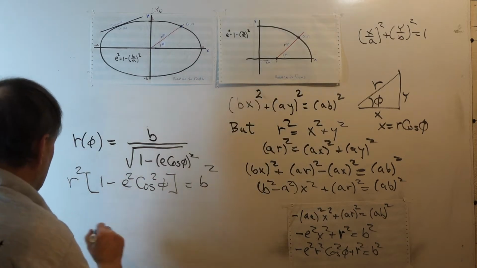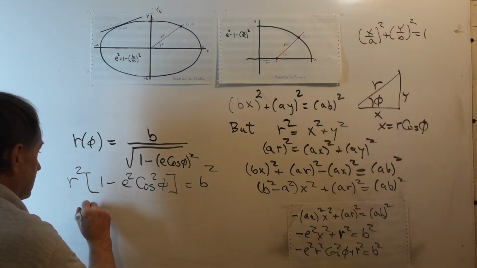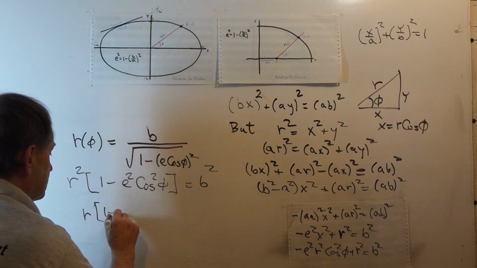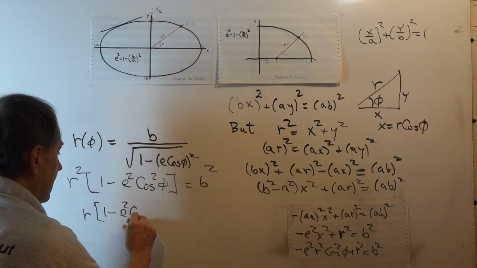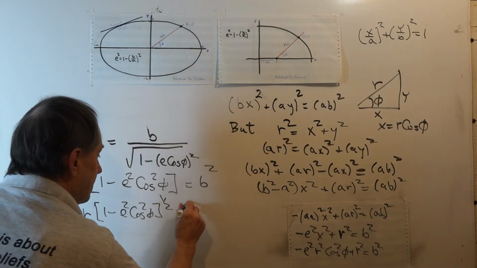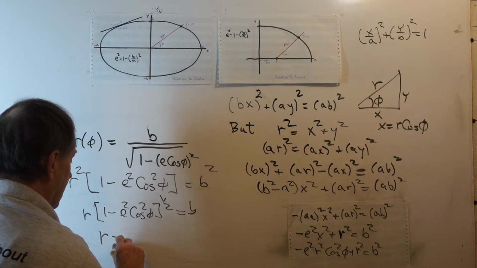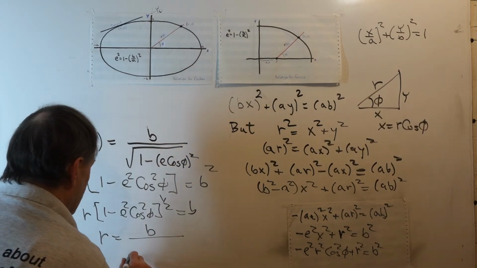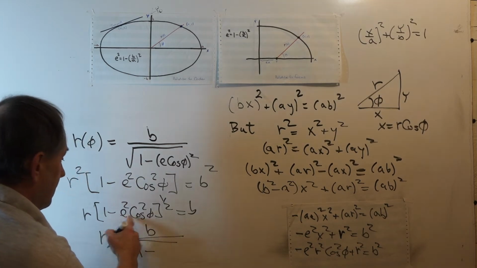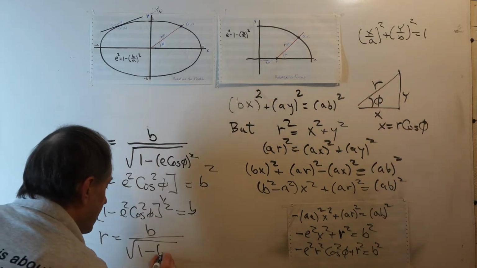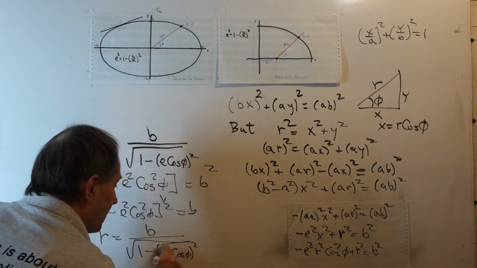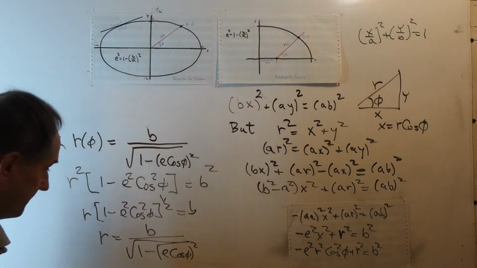We take the square root of both sides, so we got r times 1 minus e squared cosine squared phi to the 1/2 is equal to b. We're solving for r is b over the square root of 1 minus, we can combine these two as e cosine phi quantity squared, which is this equation here.